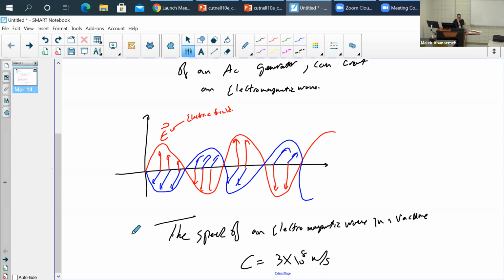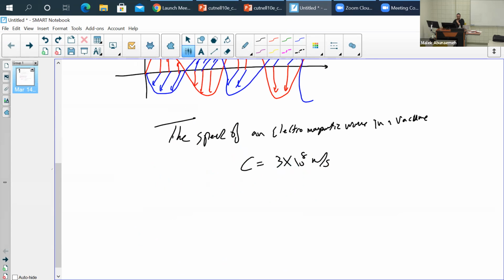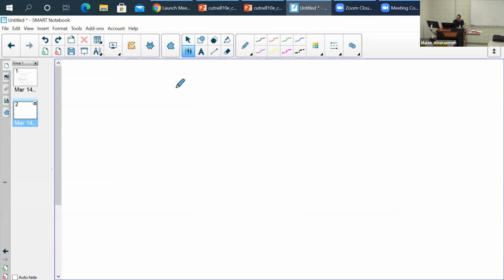Now, again, we define the speed of a wave as your frequency multiplied by your lambda. And again, lambda, that's your wavelength, and F, that's your frequency.